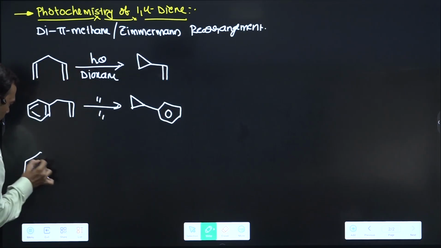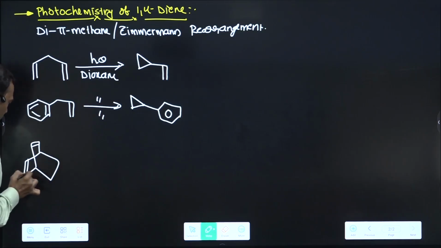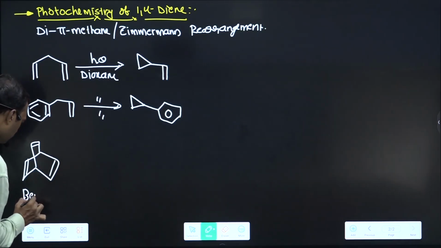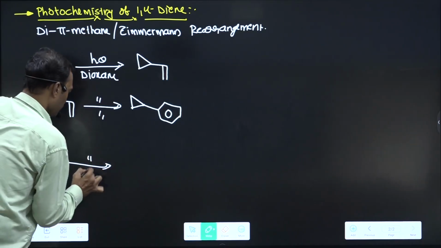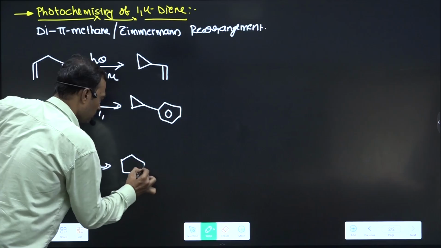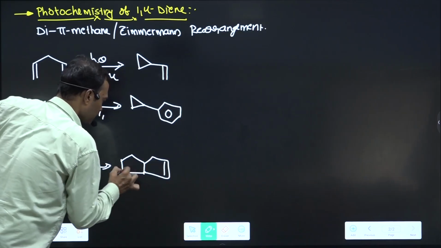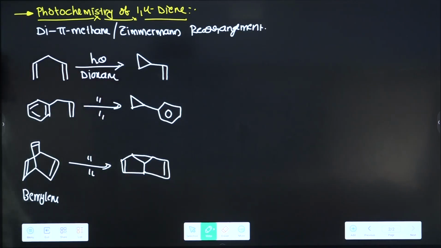Suppose I take barrelene, this is called barrelene. Photochemical irradiation. So here you may expect a 5-membered ring and here a 5-membered ring. This is the answer. So these all are called di-pi-methane rearrangement.